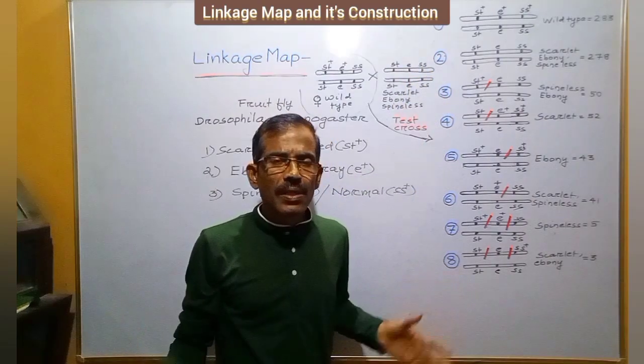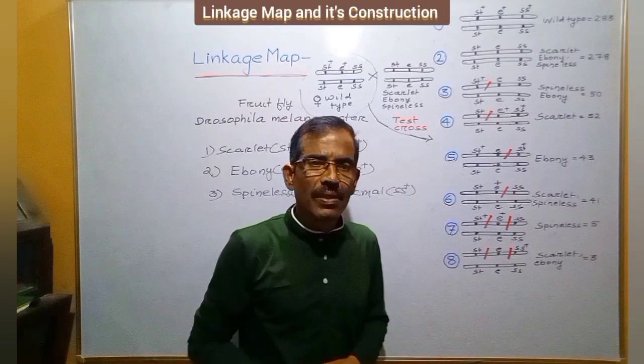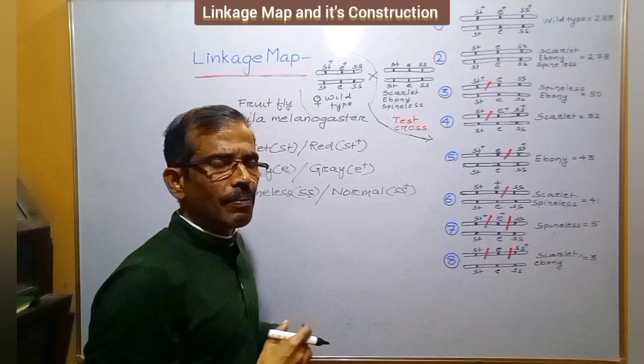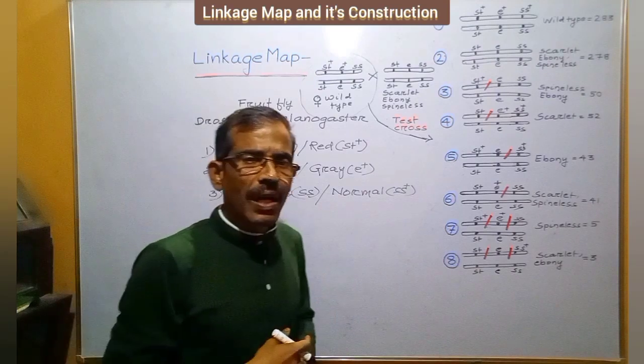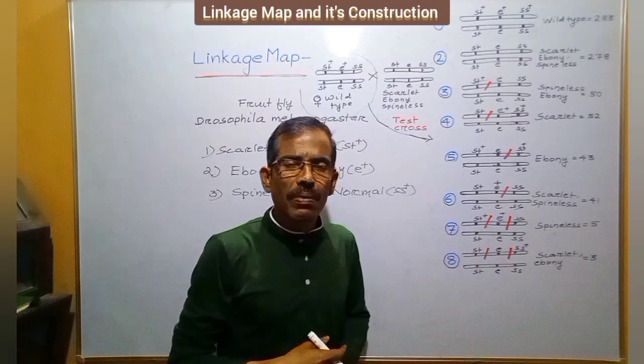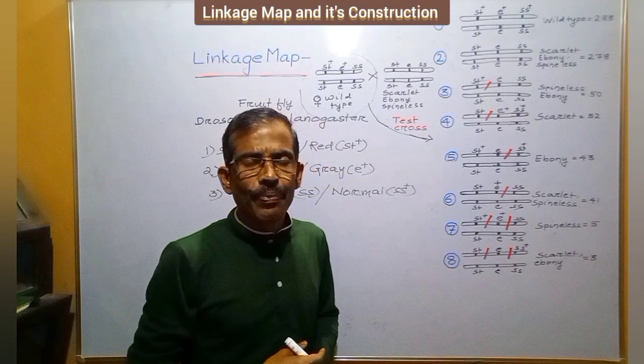In many organisms, it makes no difference whether the heterozygous parent is male or female, provided that the genes are autosomal. But in Drosophila, no crossing over takes place in male.